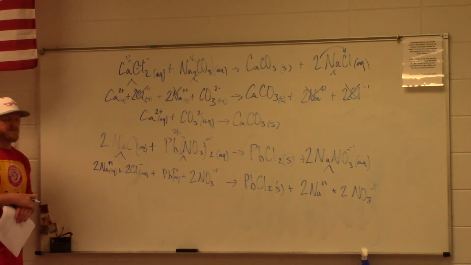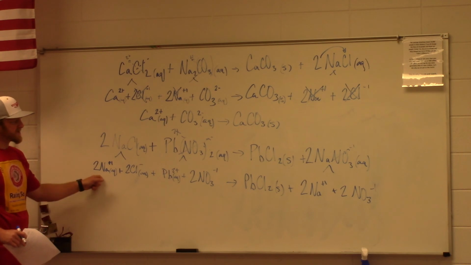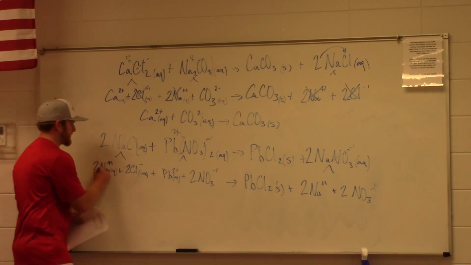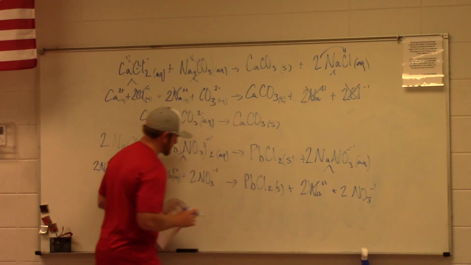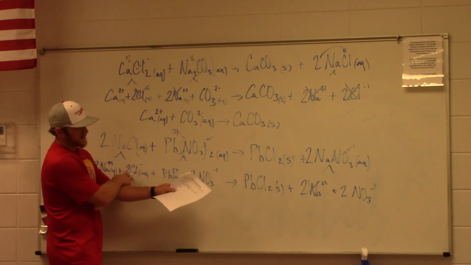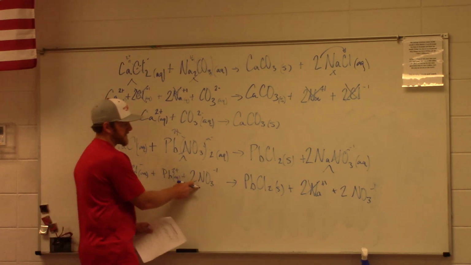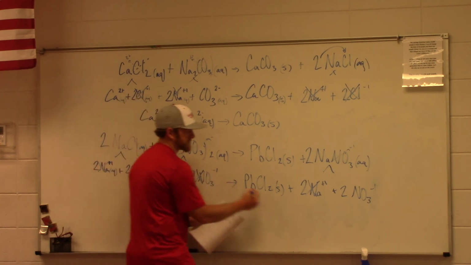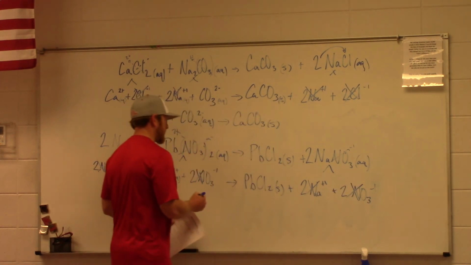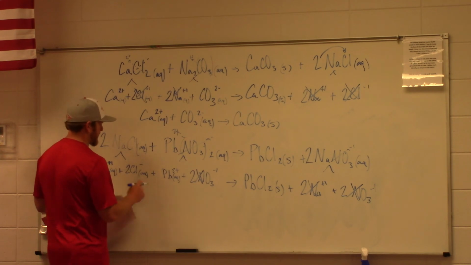Now we go back and we find the spectator ions, sodium and sodium. Spectator, spectator. Chlorine, no spectator. Lead, no spectator. Nitrate, spectator. Rewrite your net ionic equation.